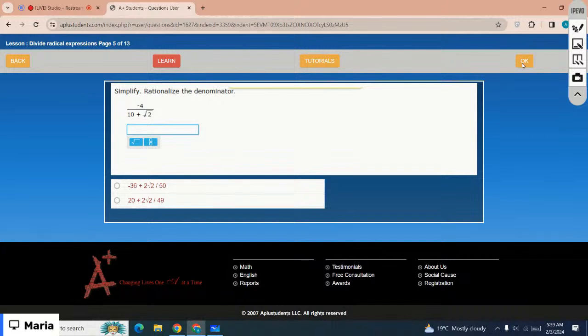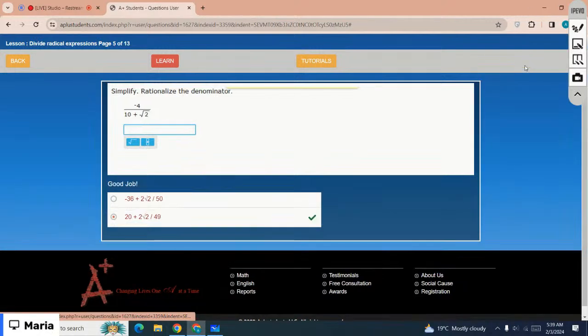That is option number 2, 20 plus 2 square root 2 divided by 2. Yes, that is the second one, right?